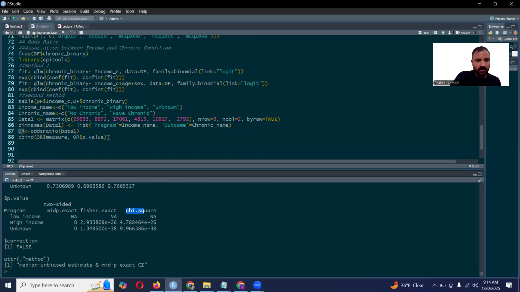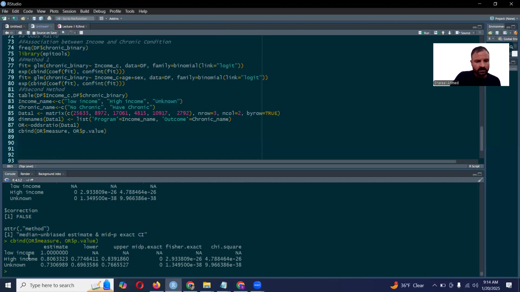So finally, you can just combine these two results, and you can just copy this into your publication. You can just select this column. If the frequencies in different cells are small, then you can report Fisher exact. Otherwise, you can report this p-value.